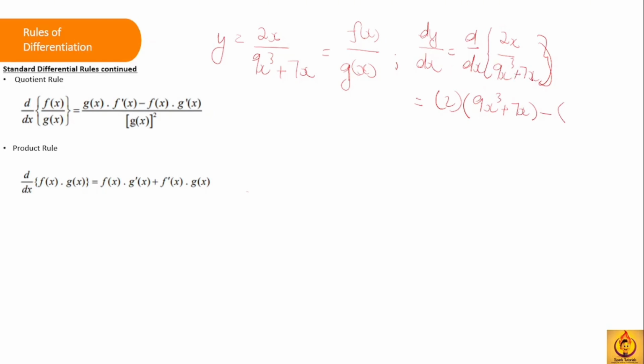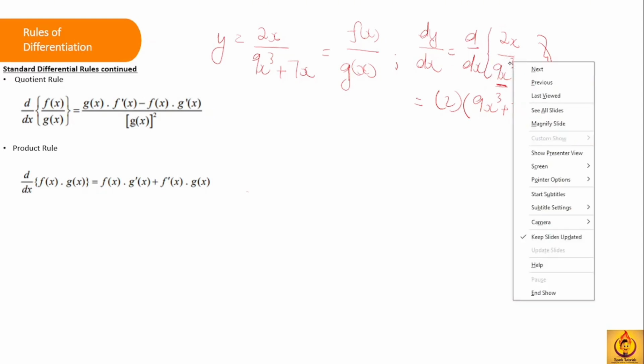Remember your sum rule. You find the derivative of the first term, you find the derivative of the second term. Derivative of the first term: 3 comes down, you multiply it by 9, and then you say multiplied by x to the power 3 minus 1.